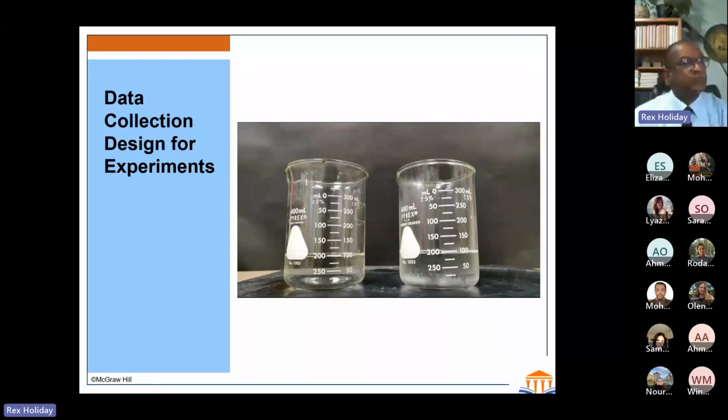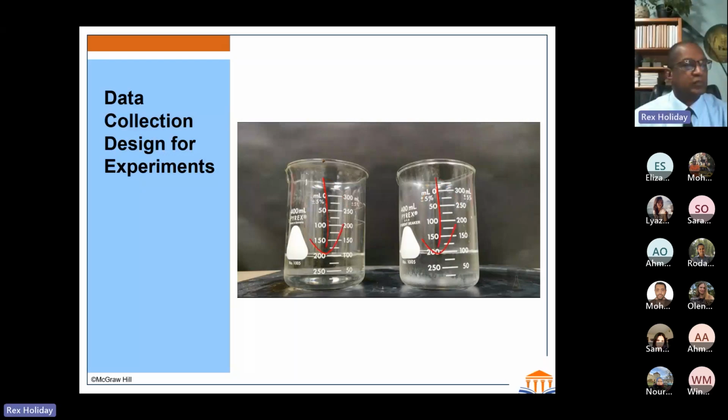For example, what I have here is 2 beakers. They're clearly labeled the same from 0 milliliters all the way up to 300. That's a volume measurement, and volume, of course, is the measurement of the amount of space that matter takes up. So instead of saying, let's measure the amount of time it takes for the baking soda and vinegar to completely react, I could say, let's measure the amount of time that it takes the baking soda and vinegar to reach a certain point in this beaker, and maybe even fall to a certain point.